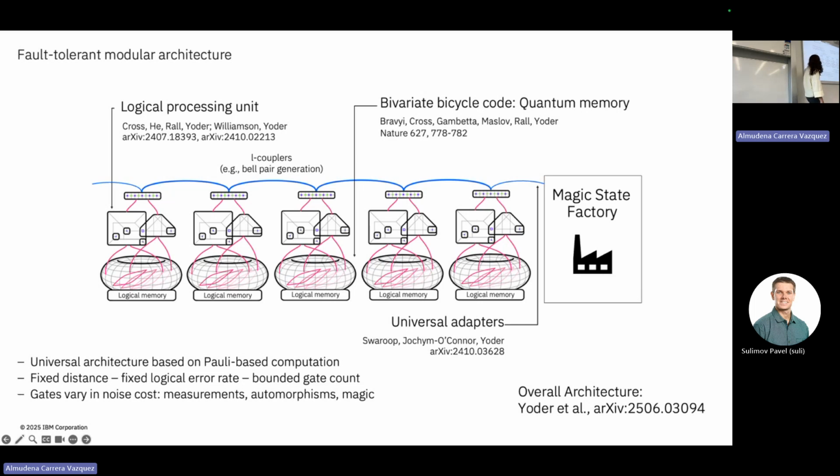Within a torus, there are 12 all-to-all connected logical qubits. In between the modules, they are connected by an L coupler, which is a microwave cable. That's as far as I can go technically. But basically, it allows you to perform 2-qubit gates between the different toruses.